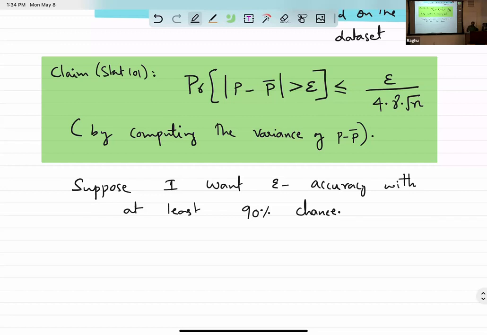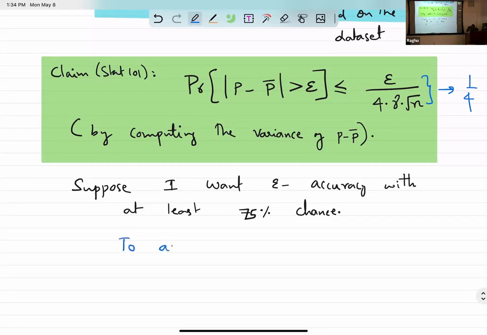So if I want this, then I should set, to simplify the arithmetic, let me say 75%. Meaning I want this chance to be 1/4, or less than or equal to 1/4.